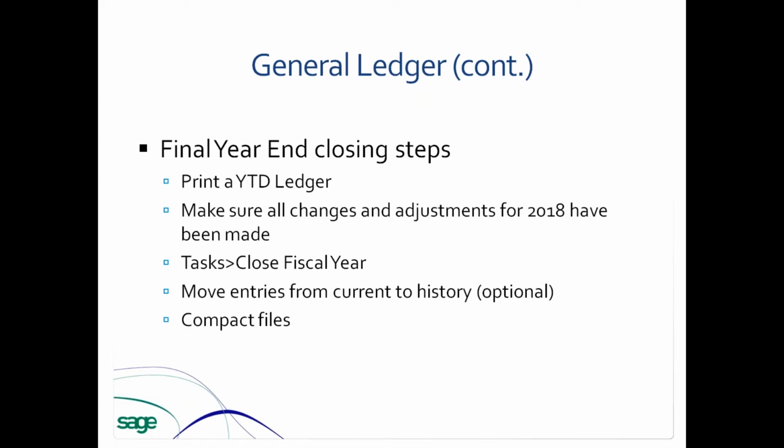History represents all your prior years. When you close the year, it does write closing entries to retained earnings, and it records those entries in the history file as well. So you might as well move all the transactions that go with that over to history and then compact the current file again.